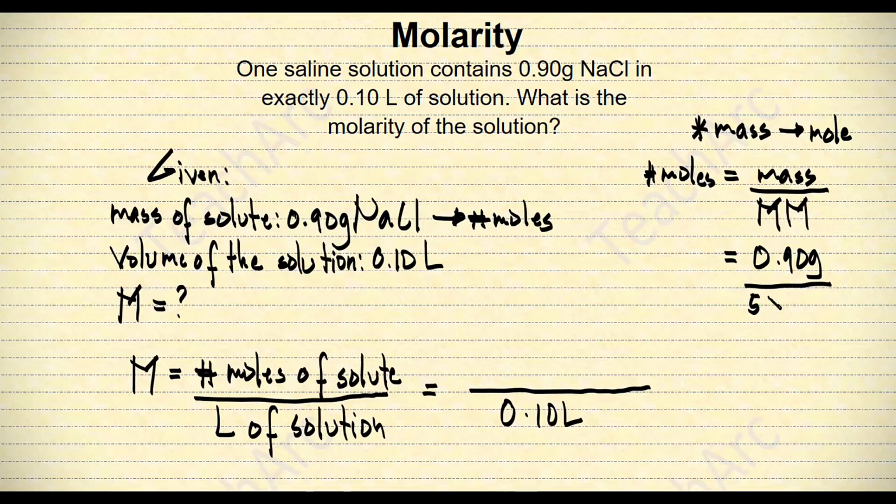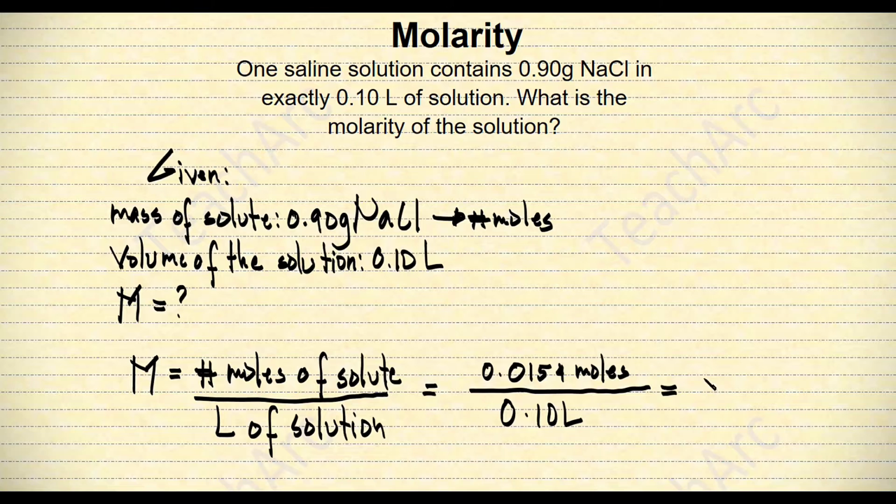We can use that to compute for the number of moles, which will be equal to 0.0154 moles. Now that we identified the number of moles, we can proceed in solving for the molarity. The molarity will be 0.154 moles per liter.